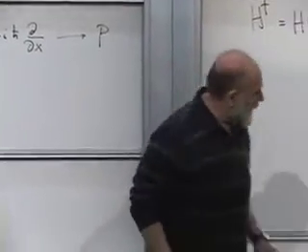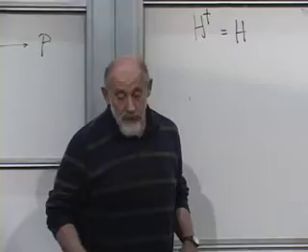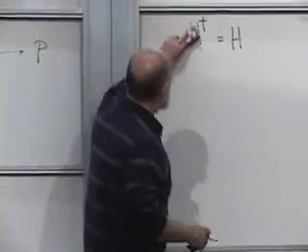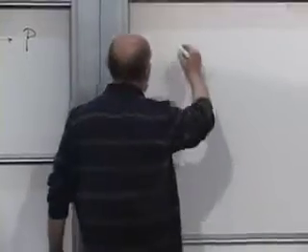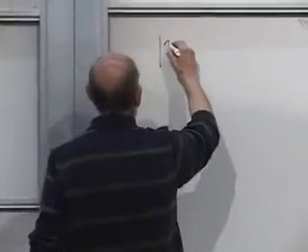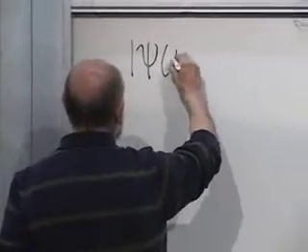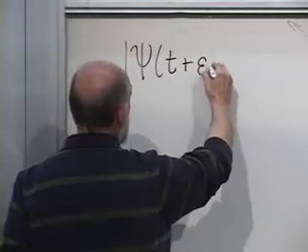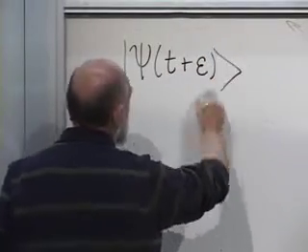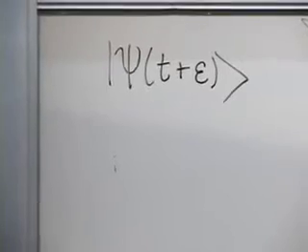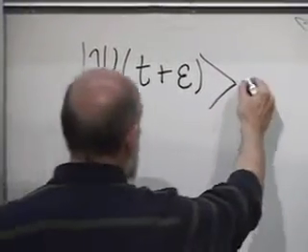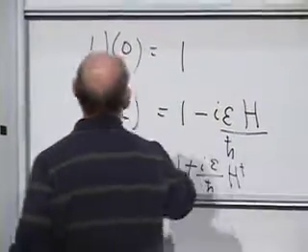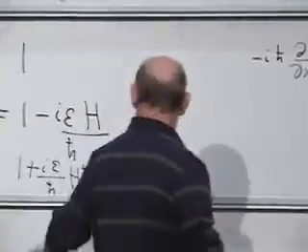Okay, let's ask now if we can write a differential equation for how the state of a system changes with time. Let's think about that. Here's what we can write. We can write psi of t plus epsilon, a small change in time from t to t plus epsilon, must equal, now on the one hand it has to equal this U of epsilon times psi, but let's not write that.